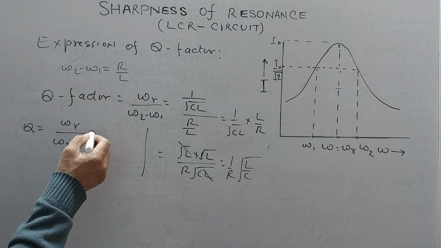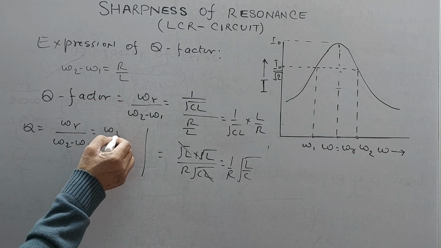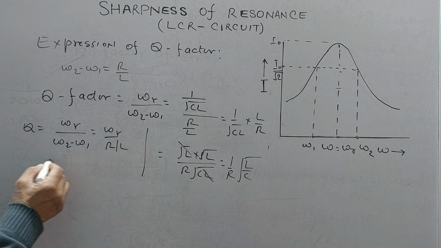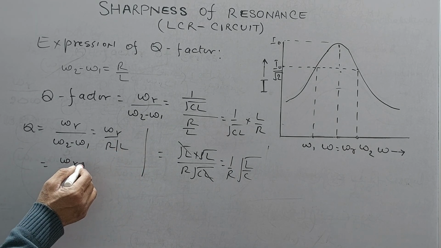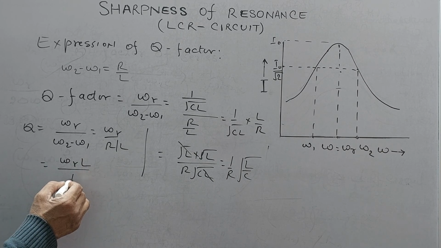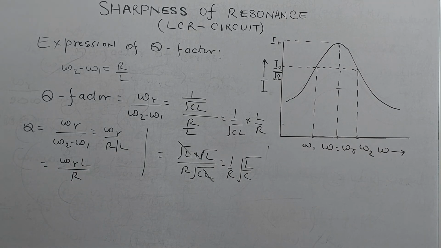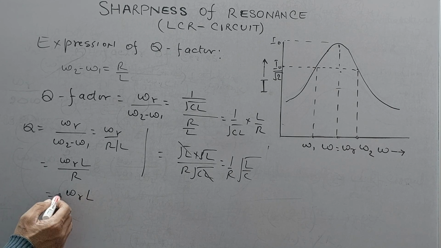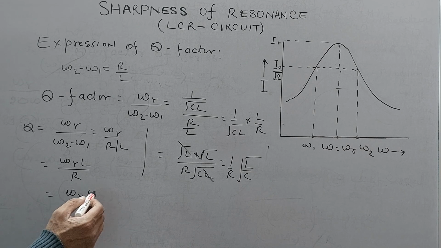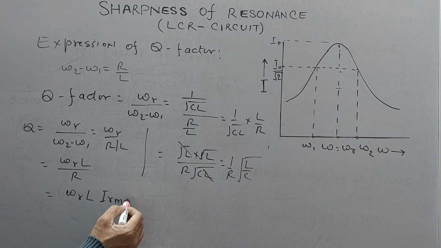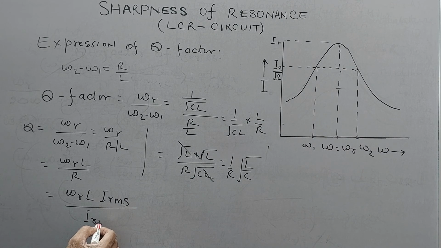You know that omega 2 minus omega 1 is equal to R upon L. Now this value comes out as omega R times L divided by R. If I multiply by the RMS value of the current, omega R times L multiplied by the RMS value of the current, I RMS, divided by the RMS value of the current multiplied by R.